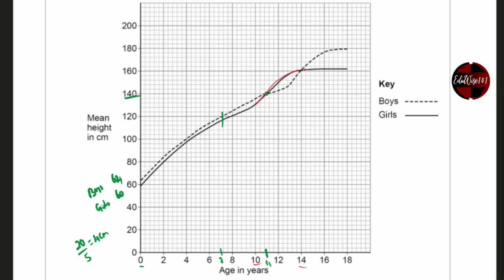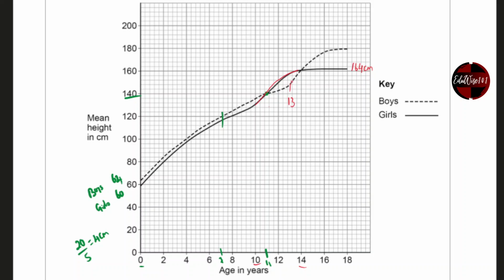Now after 14, they're stuck with that same height, right, of 164 centimeters maximum height. Boys, on the other hand, they grow slowly. After 11 years old, they're not picking up the pace till about 13 years old.